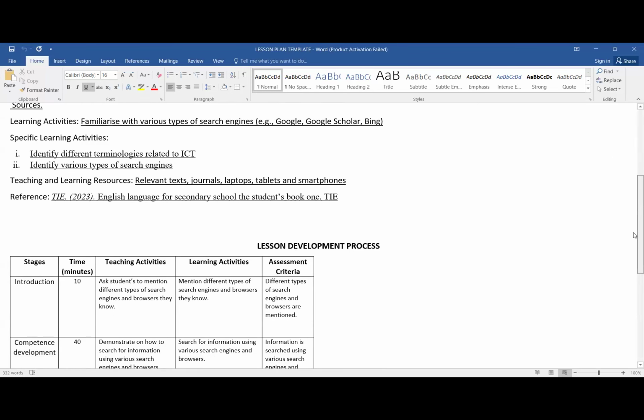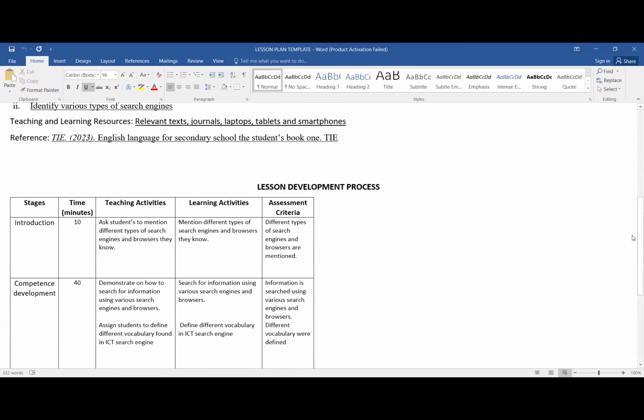Once you go to the developing lesson process, in this developing process, you have to consider E5. E5, which is evaluation. Evaluation cuts across engage, explore, evaluate itself.